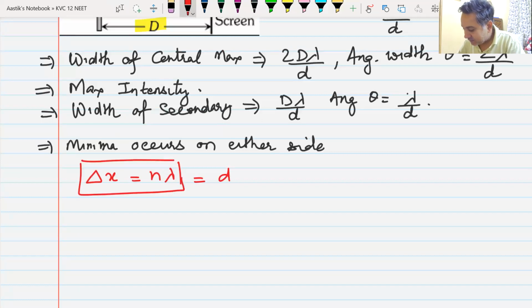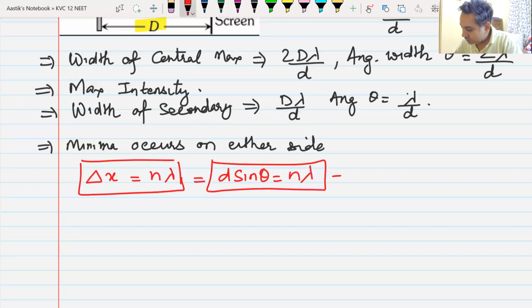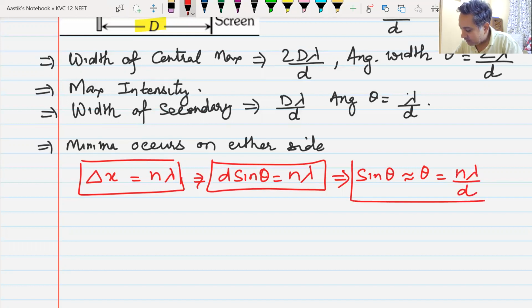This path difference is equal to d sine theta. So d sine theta is n lambda. Sine theta, when the angle is small, becomes equal to theta. It becomes n lambda by small d. This is how you can find out the location of the minimas.